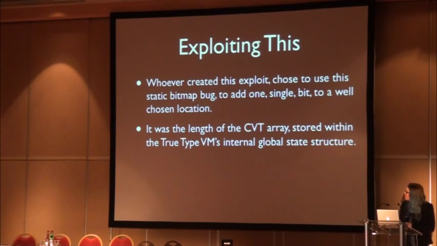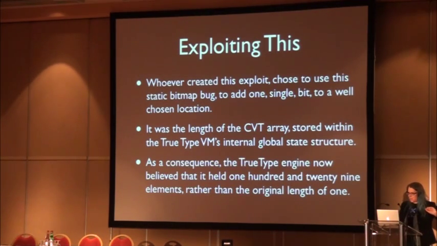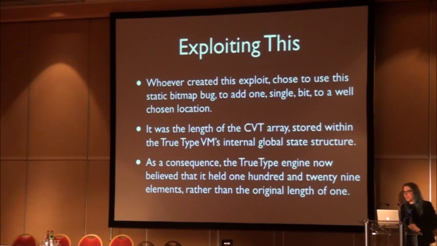And as luck would have it, the bit the person who wrote this exploit chose to add was to the length of the CVT array. Basically it was 128 added to 1, which is the original value.